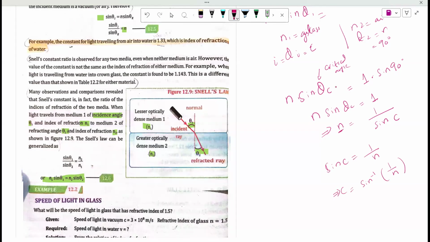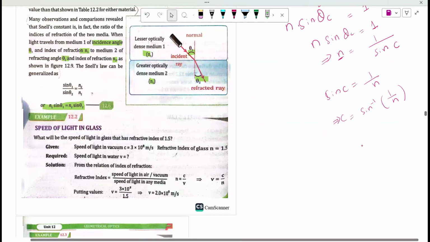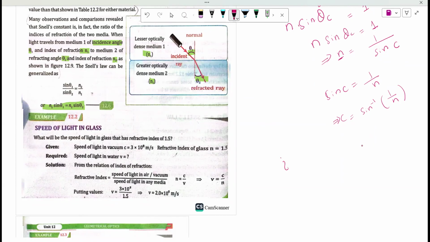So whenever light is incident at the critical angle, the refracted ray makes an angle of 90. But if the incident angle is greater than the critical angle, there would be a phenomenon known as total internal reflection.